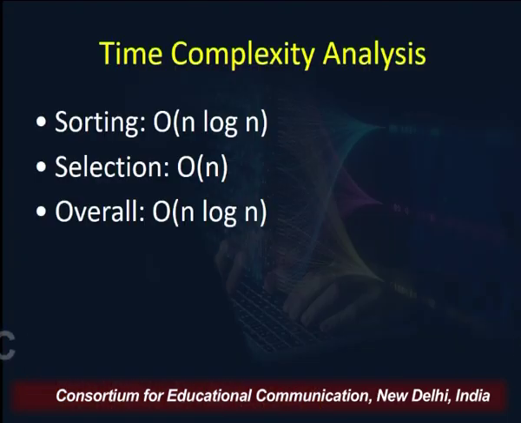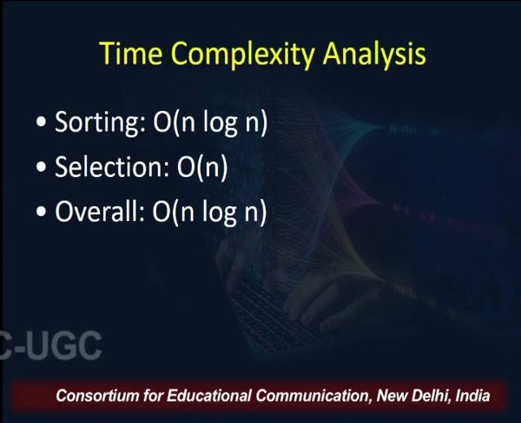Then for selection, we are going to iterate through that array, so selection can take order n. Overall, if we add them up, we have a complexity of n log n. So, this was the time complexity.